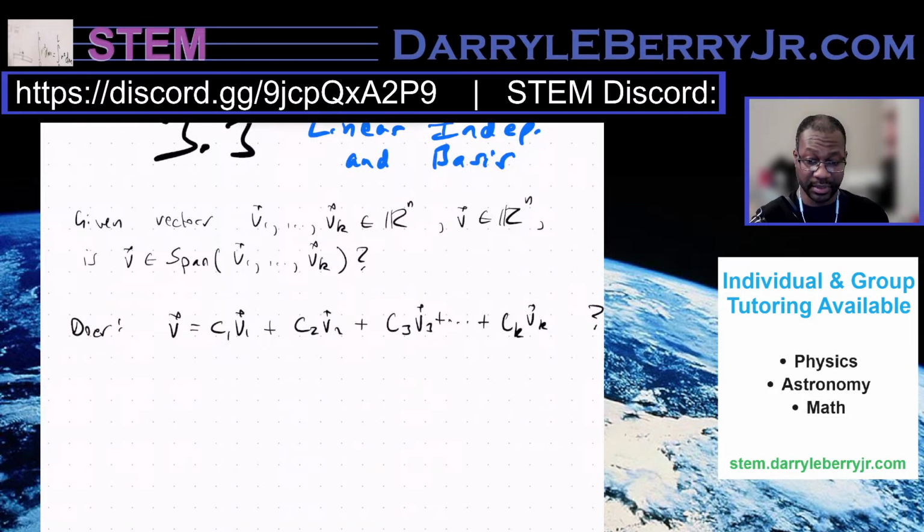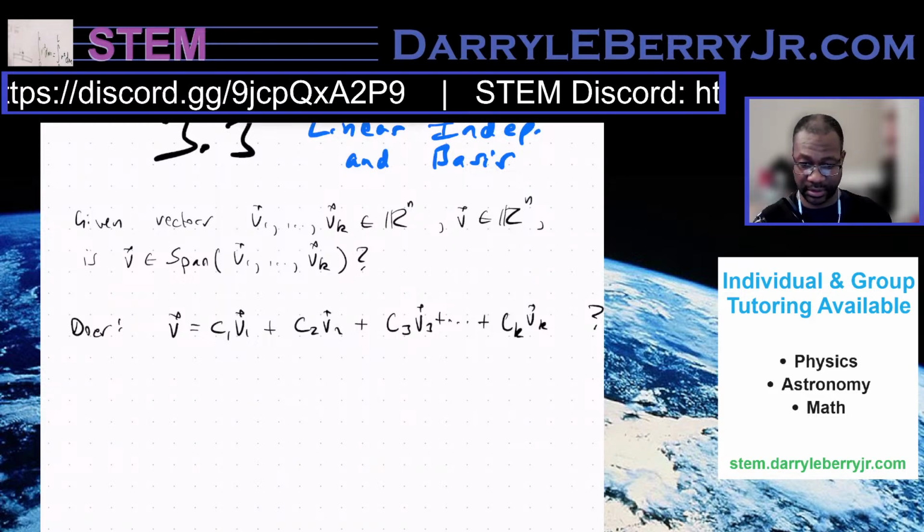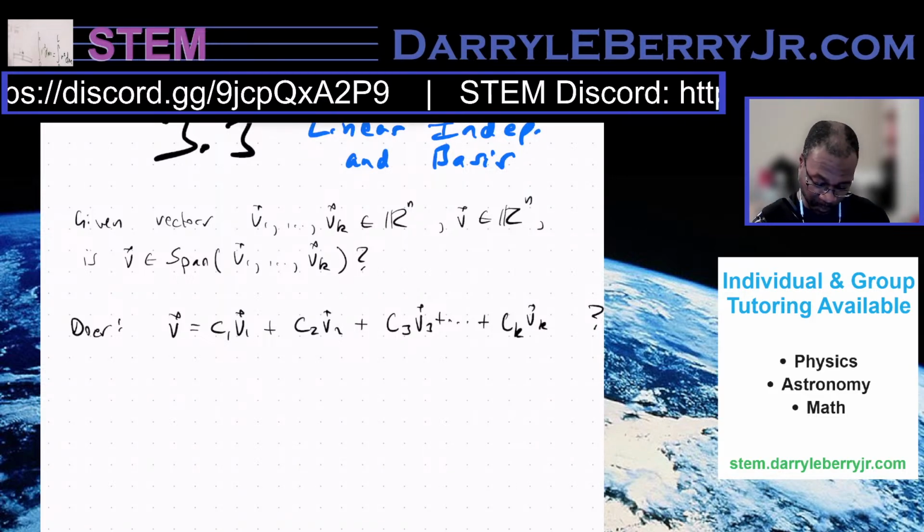If that equals, then v is a linear combination of all of those vectors, is in the span of all of those vectors.